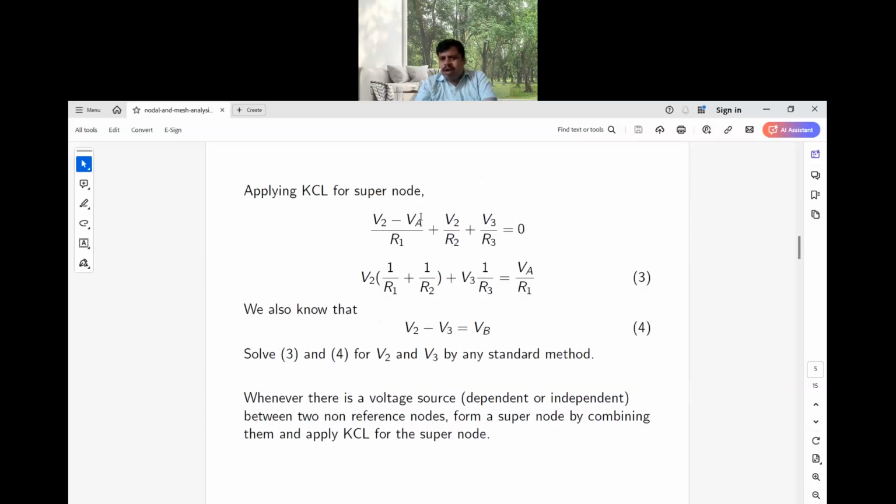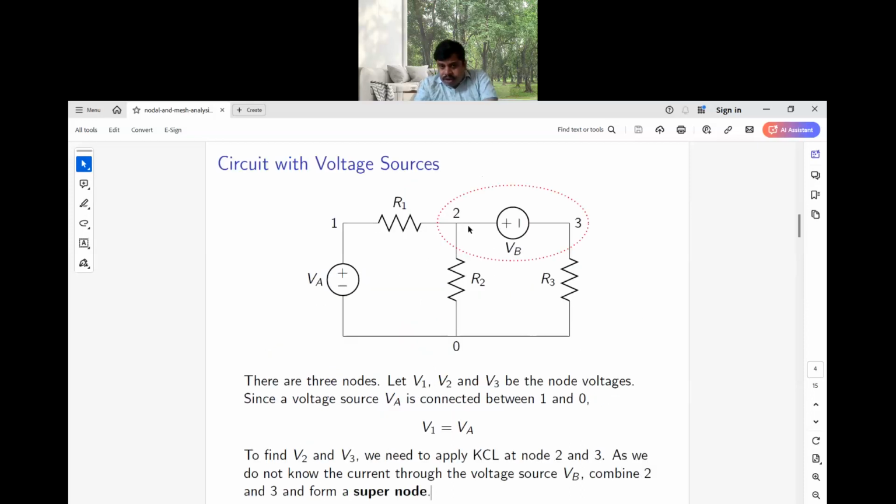VA is already a known quantity. So automatically for V1, V2, V3, you will get one equation. V1 is known, that is VA. So V2 and V3 will give you one equation like this. Similarly, in this case, V2 minus V3.